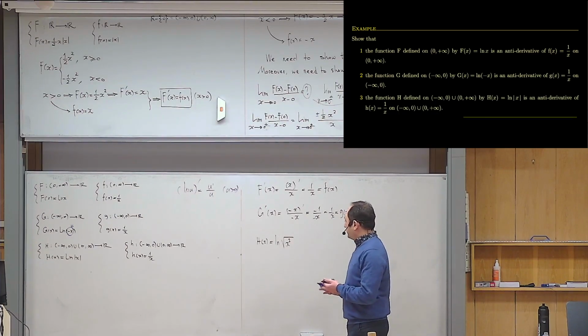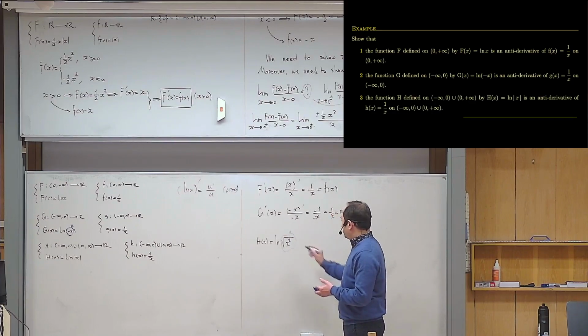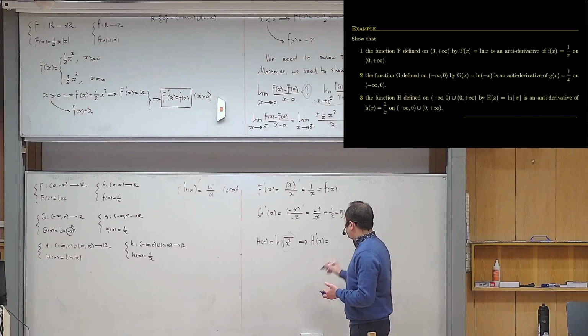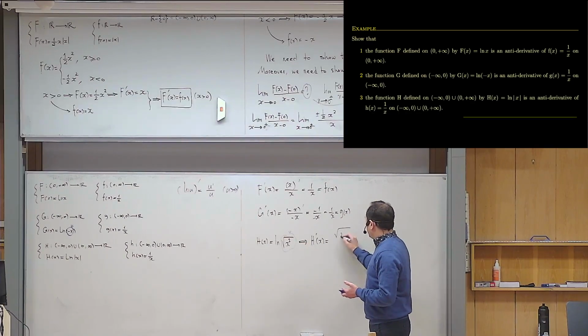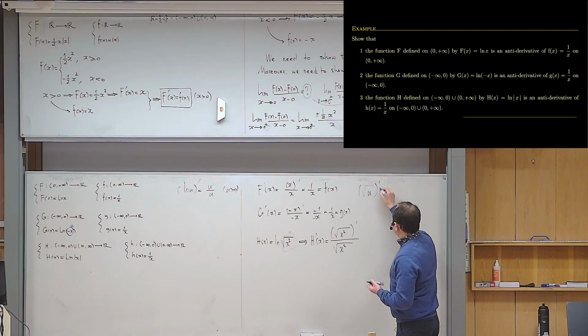But now I want to give the role of u here, and then I differentiate. So capital H prime of x is equal to u prime, which is the square root of x squared prime, divided by u, which is the square root of x squared. But then I use this formula, the derivative of square root of u is u prime divided by 2 square root of u.